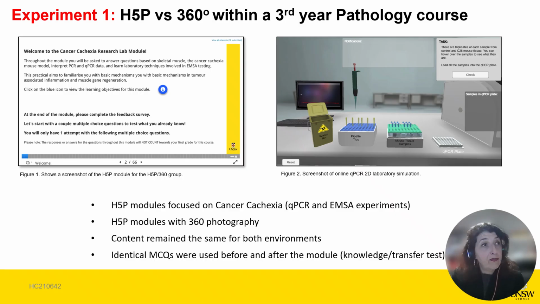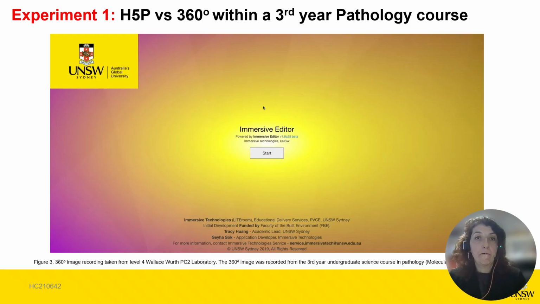We used H5P modules with 360-degree photography. The content remained the same for both environments, and we had identical multiple choice questions which were used before and after the module, in other words pre and post. These were our knowledge transfer tests.